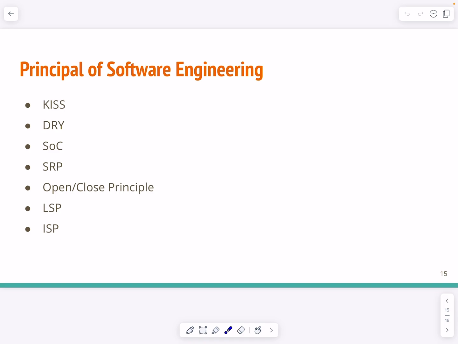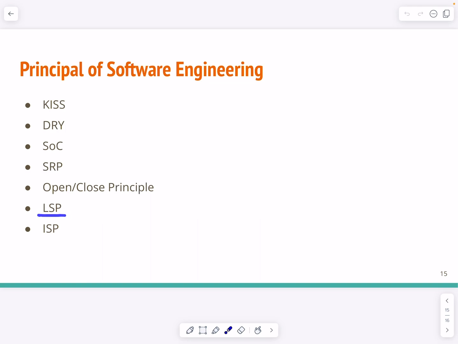The next one is SRP, the single responsibility principle. That means developers are intended to make application design more understandable, flexible, and maintainable. Next up is the open closed principle. Software entities, the methods and functions, should be open for extension but closed for modification.